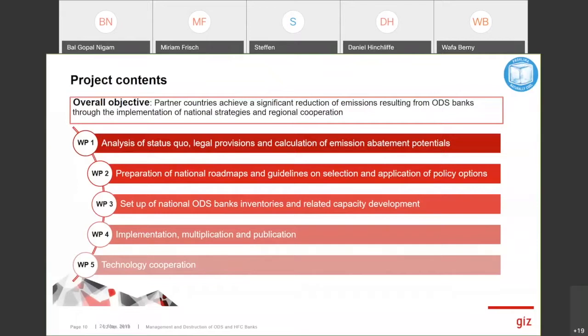We also have country activities, where we usually start with a status quo analysis of the regulatory aspects within the countries, and then do an inventory of how much ODS would be available for management and destruction. Based on this, we also define activities and a strategy for ODS and HCFC banks management.